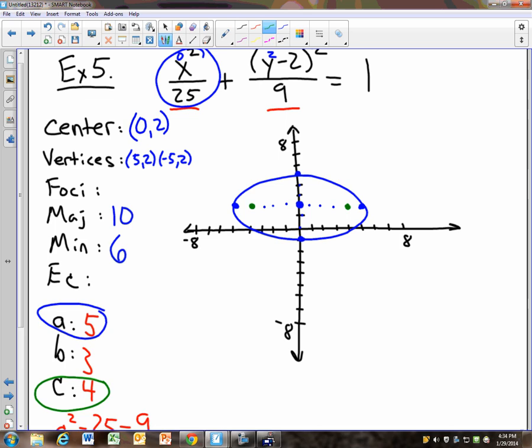Their positions are 4, 2, and negative 4, 2. Finally, the eccentricity is your C value divided by your A value, 0.8. That is a shifted ellipse.